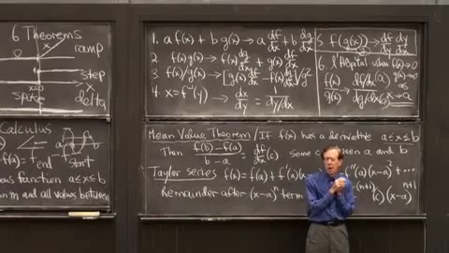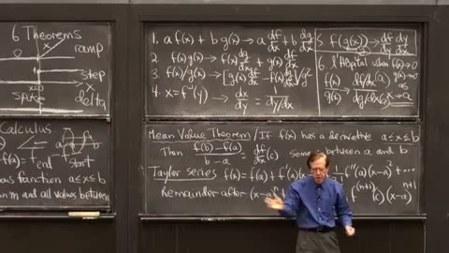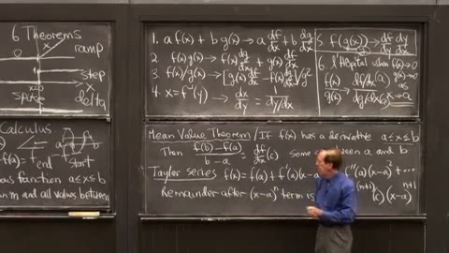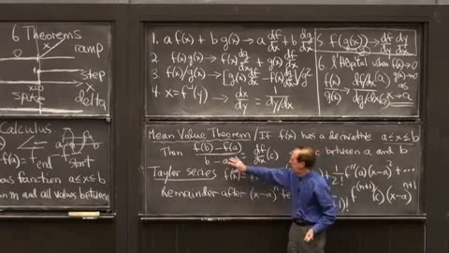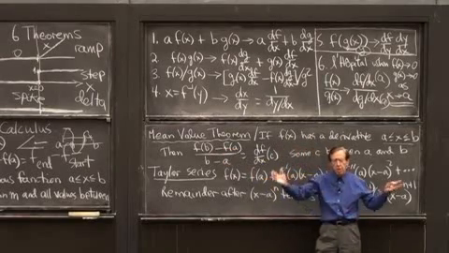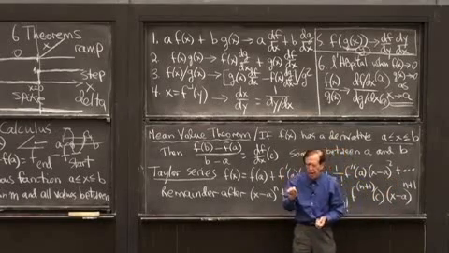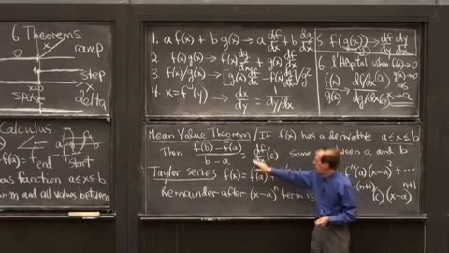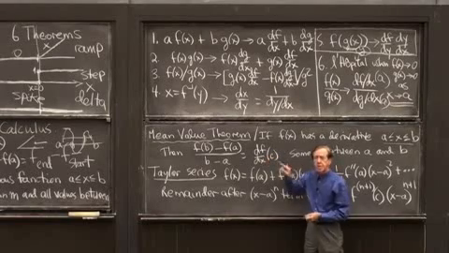Shall I say that again? If you travel with smooth changes of speed, no jumps in speed, then if I look at the average speed over a delta t, there is some point inside that interval where the average speed agrees with the instant speed.